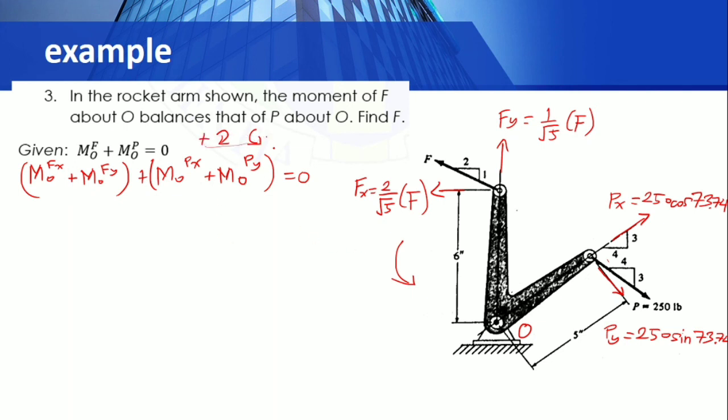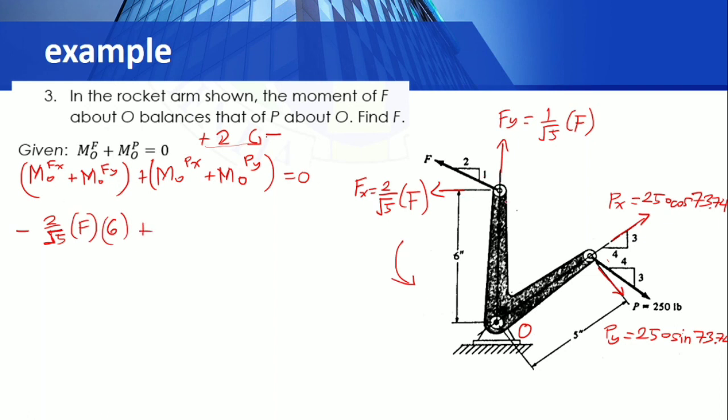Positive yan. And negative dito. Okay? So, magiging negative times yung f of x natin, which is 2 over square root of 5 times F multiplied yung distance natin, which is yung 6 inches, plus yung moment ng f of y natin.